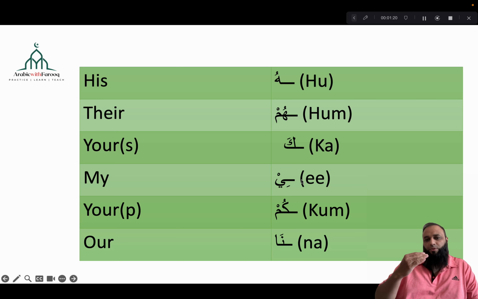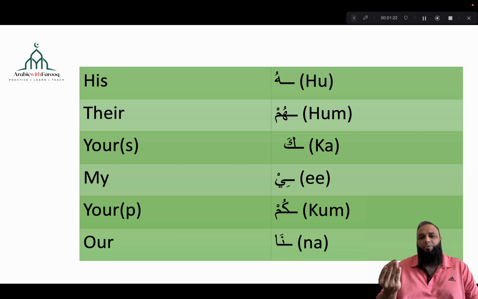So just follow along with this table, and then in the next table we are going to look at some examples. And then you have ye, which is basically ya. It would be pronounced as e, and it means mine, like we learned ana. So this corresponds with that, my.